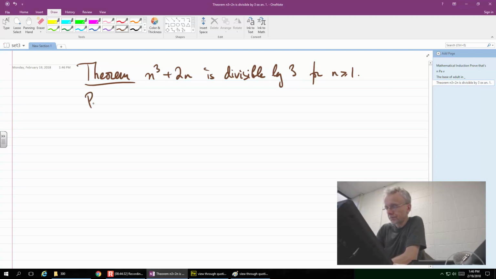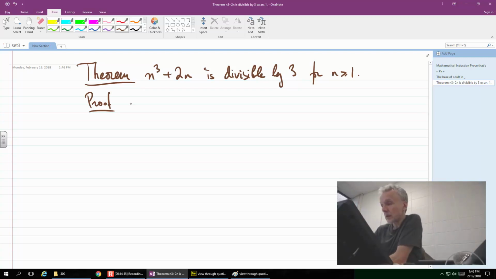Okay? So when you're given a theorem, you already know that it's correct, so you don't have to worry about that, and you just follow the procedure: base, inductive assumption, inductive step.